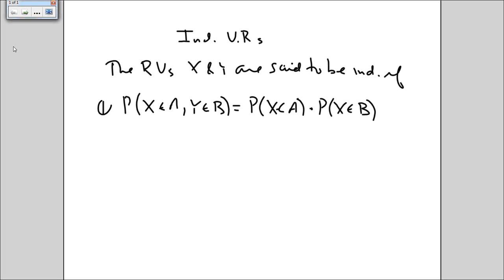This is one way of showing independence, with an equal sign.